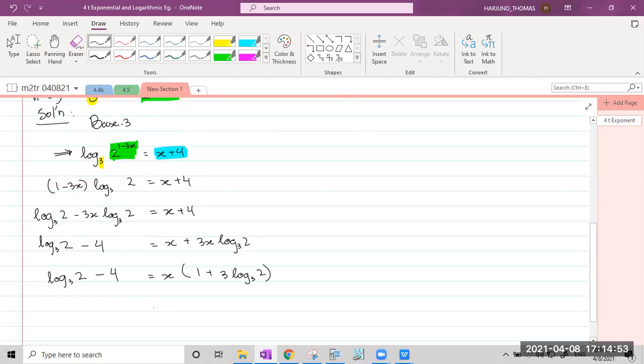So x equals log base 3 of 2 minus 4 over 1 plus 3 log base 3 of 2. Now that is the exact solution.